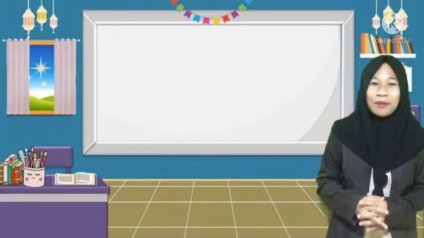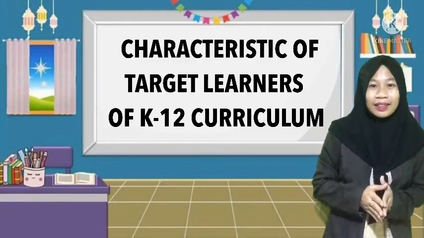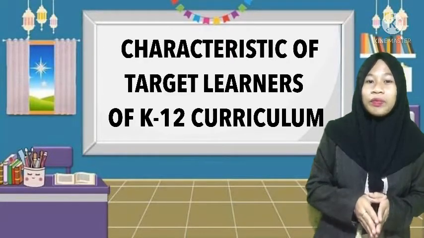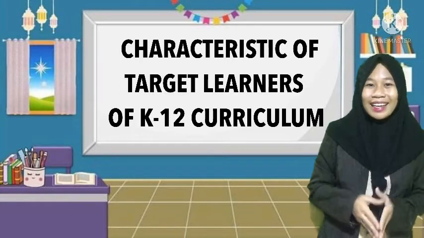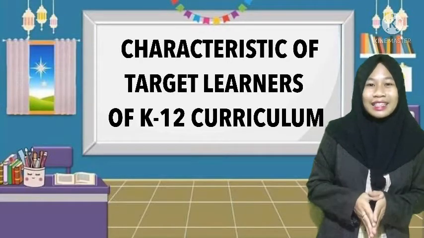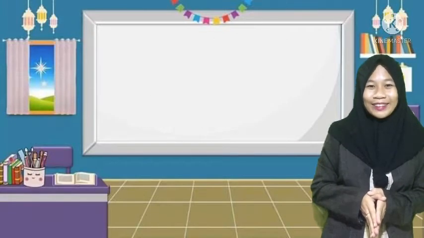And for our deeper understanding of the characteristics of the target learners of the K-12 curriculum, and for us to be guided and more aware of our future pupils, let's watch this video.